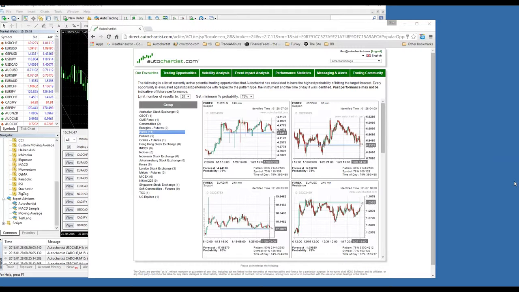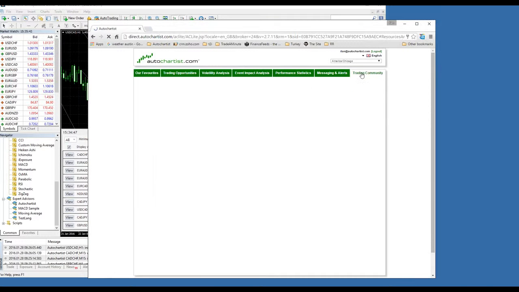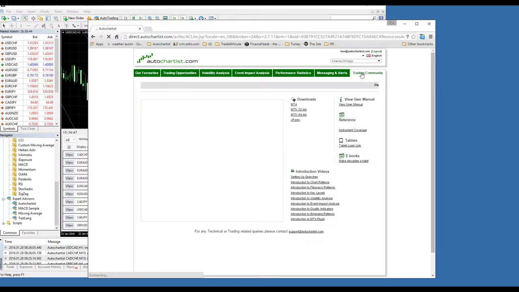Shailesh, I think it is. Shailesh, yes, there is a user manual for Autochartist. Let me give you a few things. Firstly, here is a link to the new MetaTrader platform download, and in terms of a user manual, there is of course a reference guide.